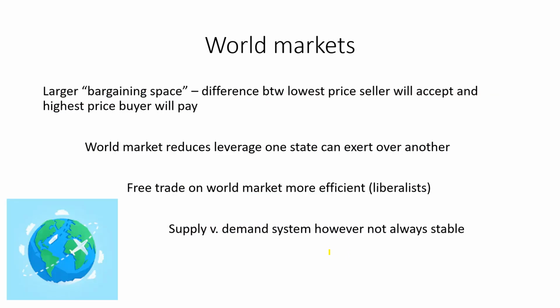Let's look at the world market, which, again, we're approaching more from the economic liberalist or internationalist system: if you have a larger market, such as the world market, you have a larger bargaining space to deal with, where the difference between the lowest price that the seller will accept and the highest price the buyer will pay, you've got more to work with in order to find the best product for the best price.